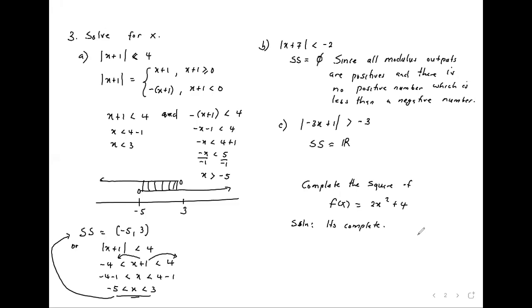Then you ask, do I lose? It's already complete. What is to complete the square? It is to put a number in this form. But it's already in that form. So it's complete, and you get 5 marks.